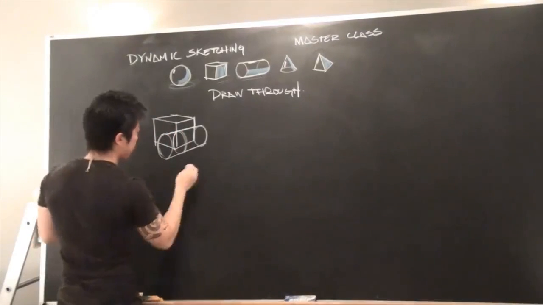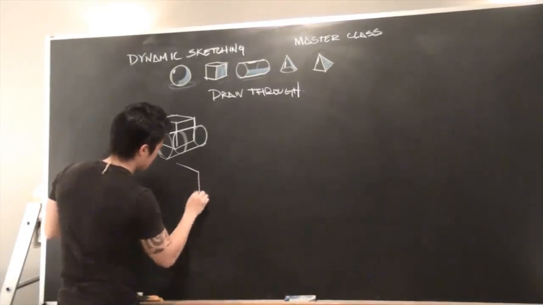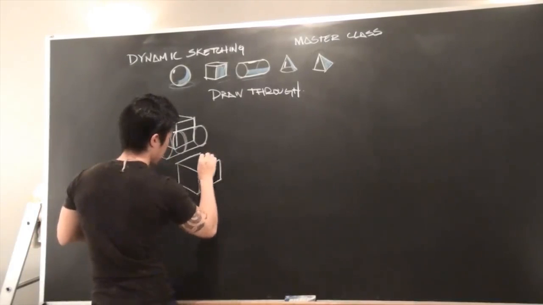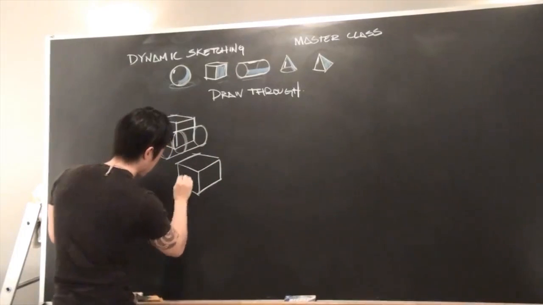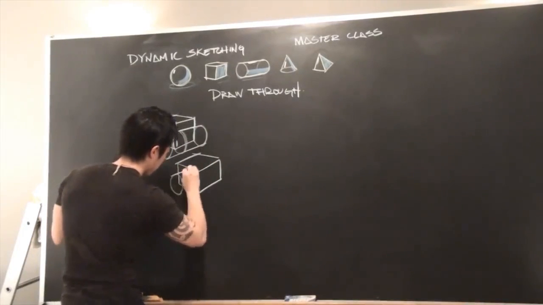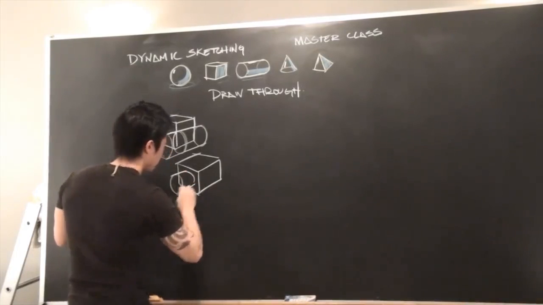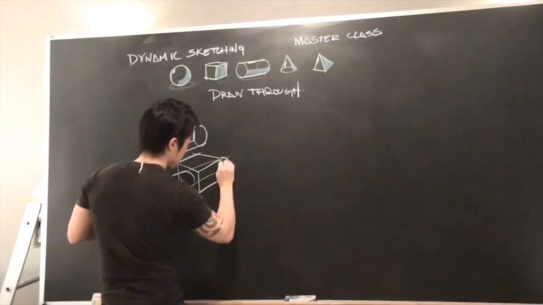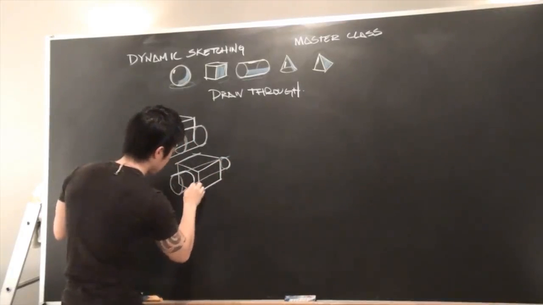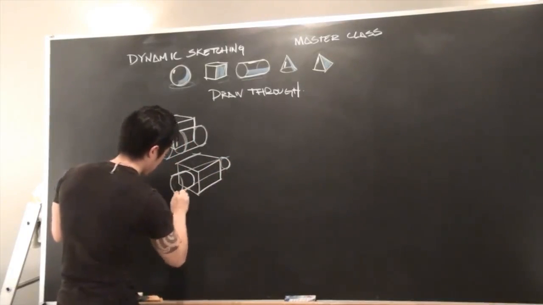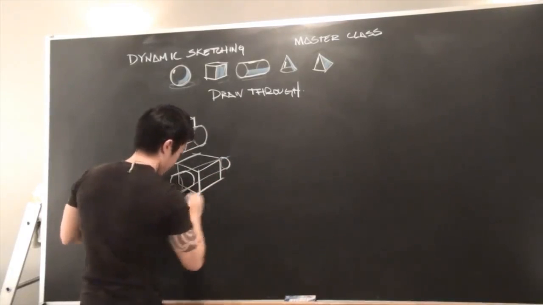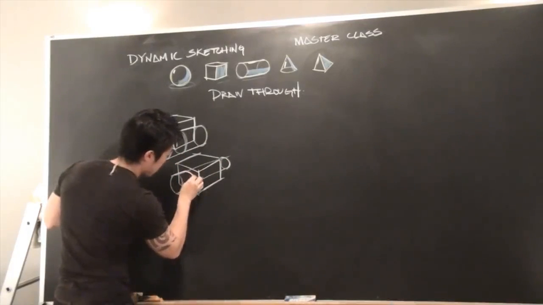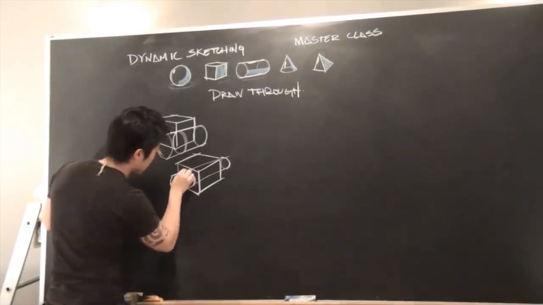And we could take it a step further, where if we redraw this cube, we can put it all the way through. Now use a different color to show the actual parts where they're interlocking and penetrating.